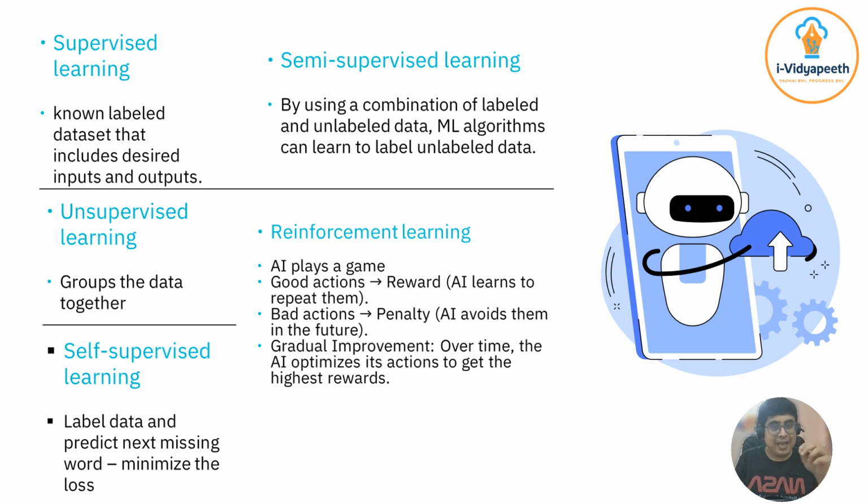The AI will avoid that in future because this is a bad action. So I am giving it a penalty. There are some penalty mechanisms, I am not going into the details, but if the model is not making the correct move, then it actually learns that it needs to avoid that particular thing in future.